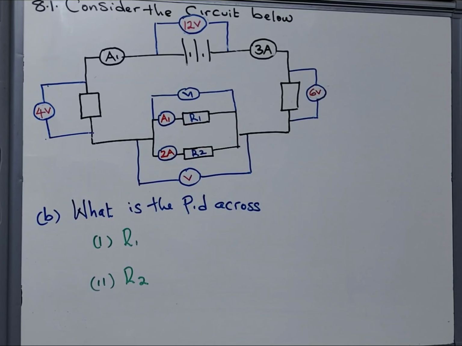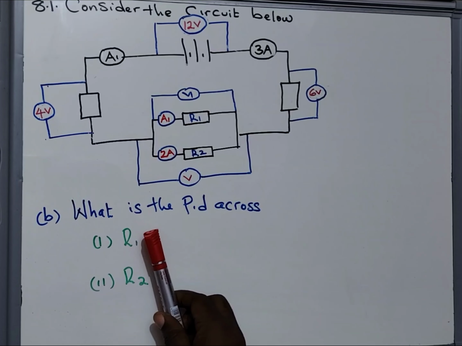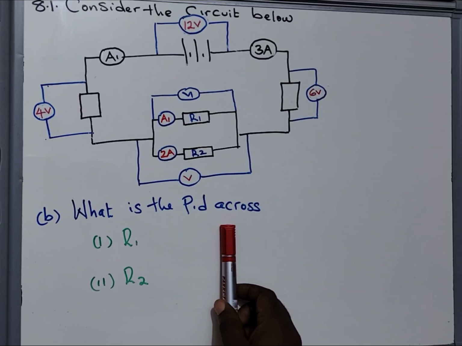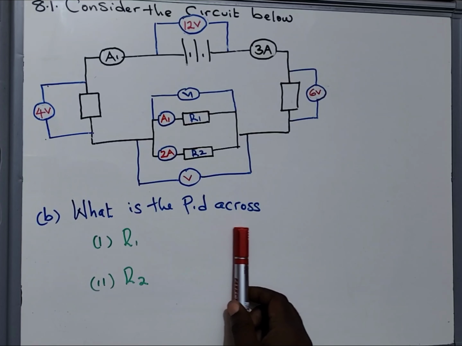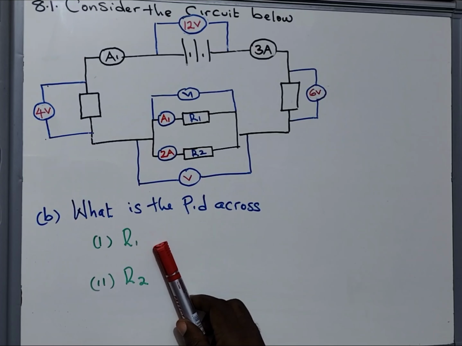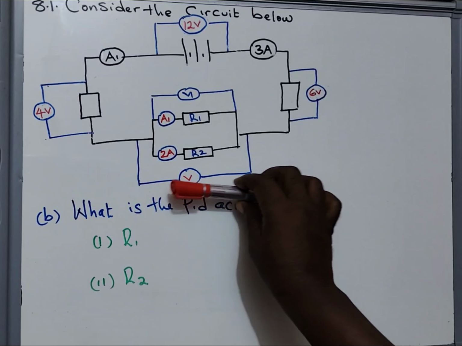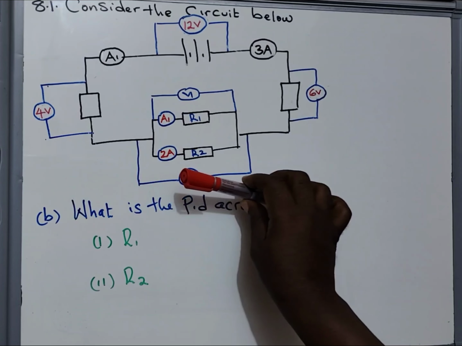So then comes this question. It says, what is the PD, or potential difference, across R1? We have just calculated V and we found it to be 2.